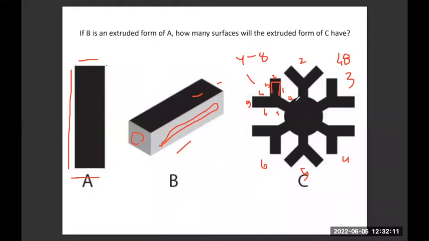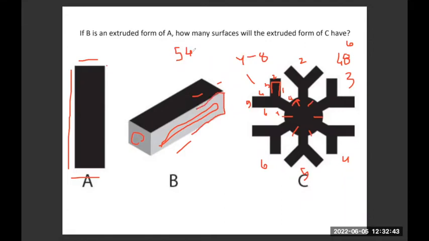To this 48, we have to add what we missed out, which are these surfaces. So 1, 2, 3, 4, 5, and 6. 48 plus 6 is how much? 54. So there are 54 lines in the form C, which means 54 lines will be converted to surfaces such as these, which you are able to see in the cuboid.